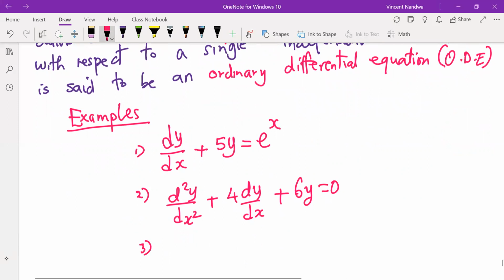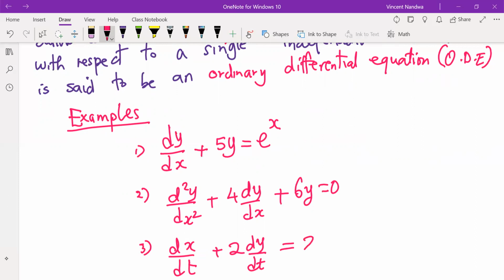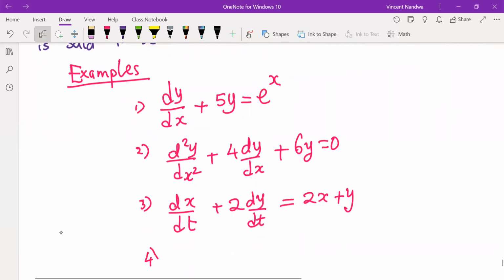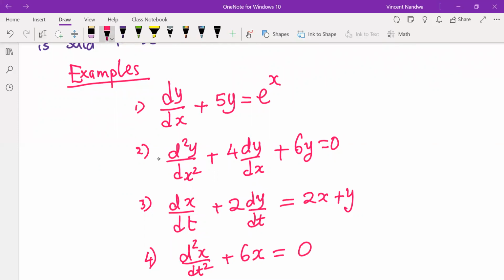Or we can have dx/dt plus 2 dy/dt equals 2x plus y. Or number 4, d squared x/dt squared plus 6x equals 0. So all these are examples of ordinary differential equations because of the presence of these ordinary derivatives.